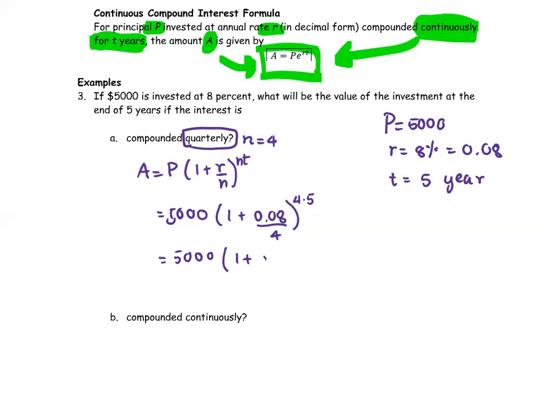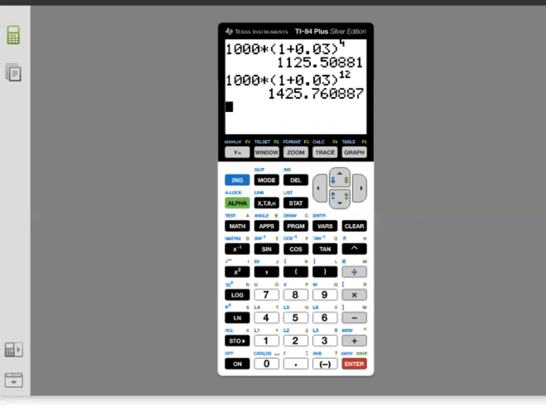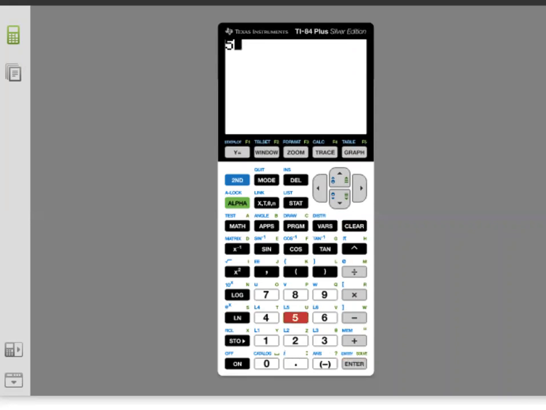So 1 plus 0.02 raised to the power 20, which is the same as 5,000 times 1.02 raised to the power 20. Put it in the calculator as it looks: 5,000 multiplied by the quantity 1.02 raised to the power 20.